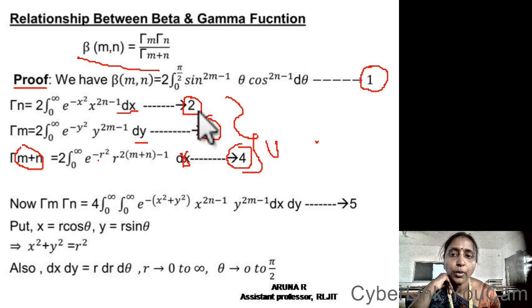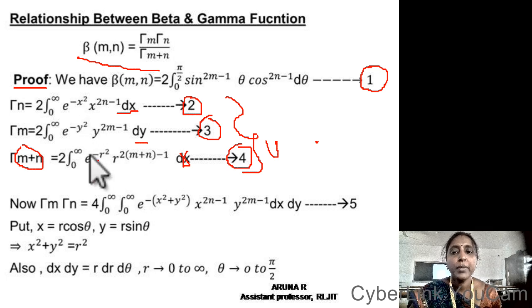If you do the product of equations 2 and 3, that is gamma m into gamma n, you will get 2 into 2, that is 4, and integral 0 to infinity, 0 to infinity. You can see that e power minus x square, here e power minus y square, the bases were same.